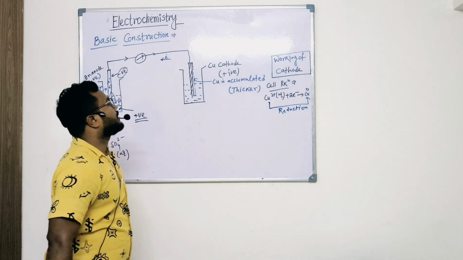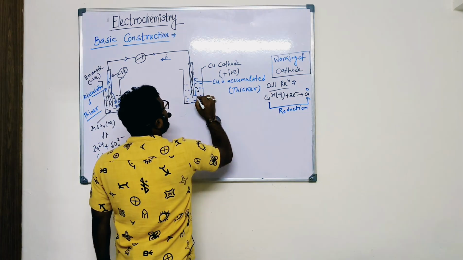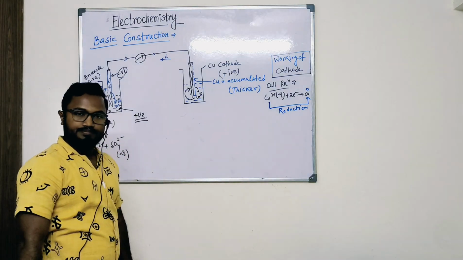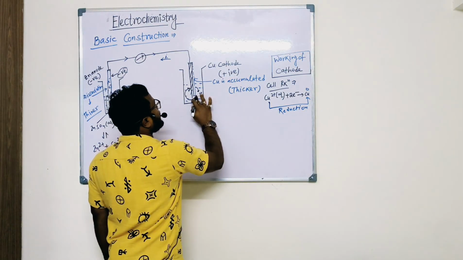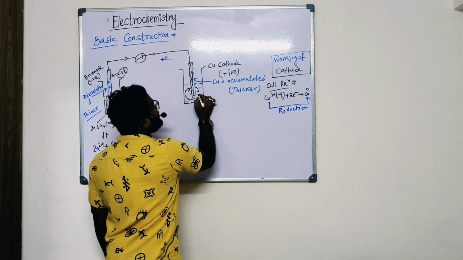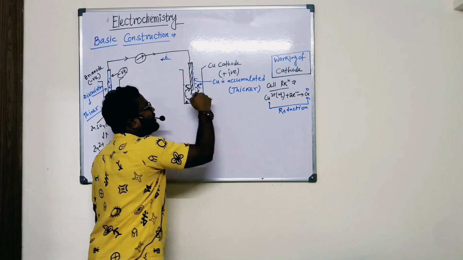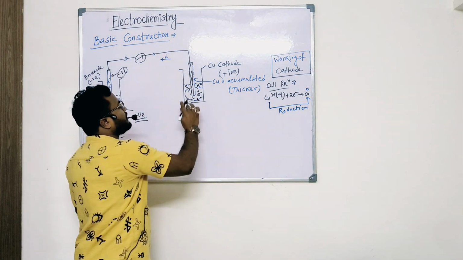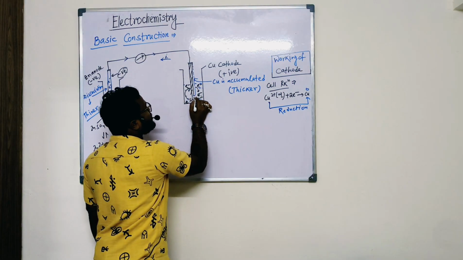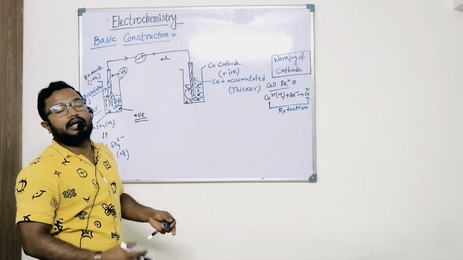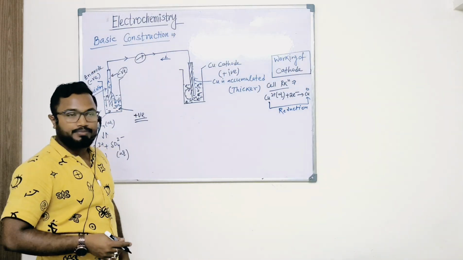In this cell, the Cu2+ that is present in the cell is being accumulated here. And this solution is considered as electronegative. Here electrons are revolving all over. And the present Cu2+ is being accumulated in this cathode. As a result, the cathode becomes thicker with respect to time.